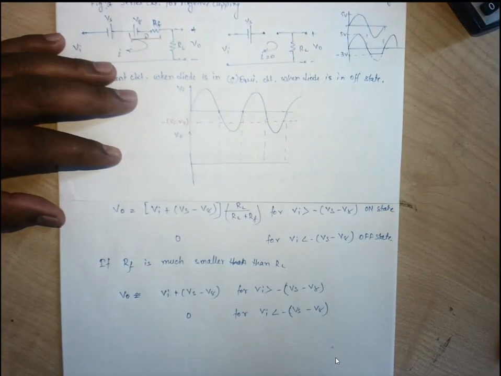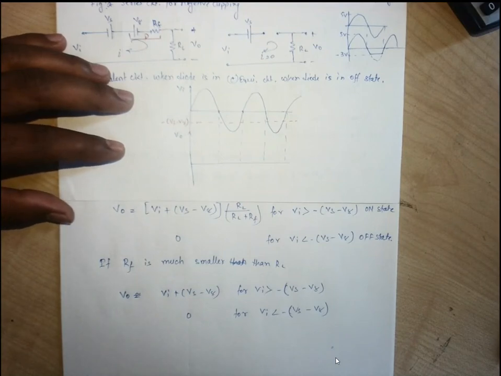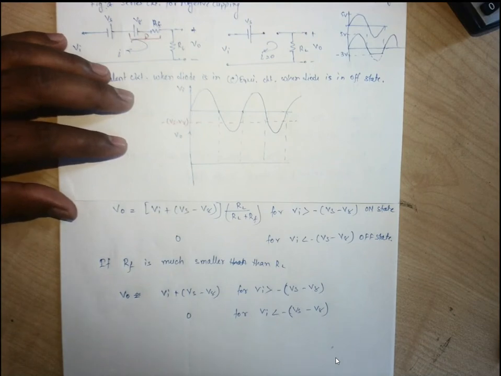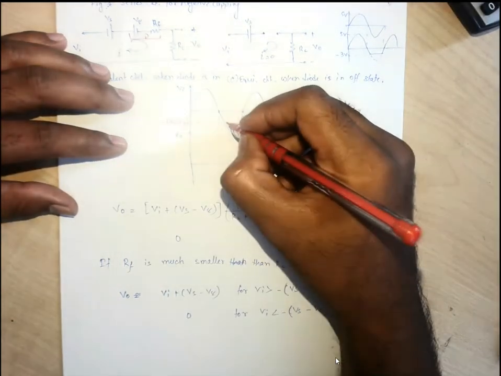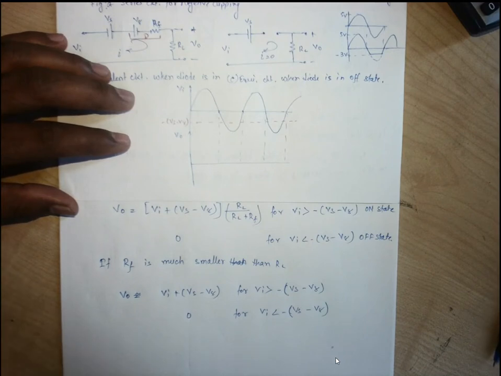If our input is greater than this, we can expect some output in the negative half as well.